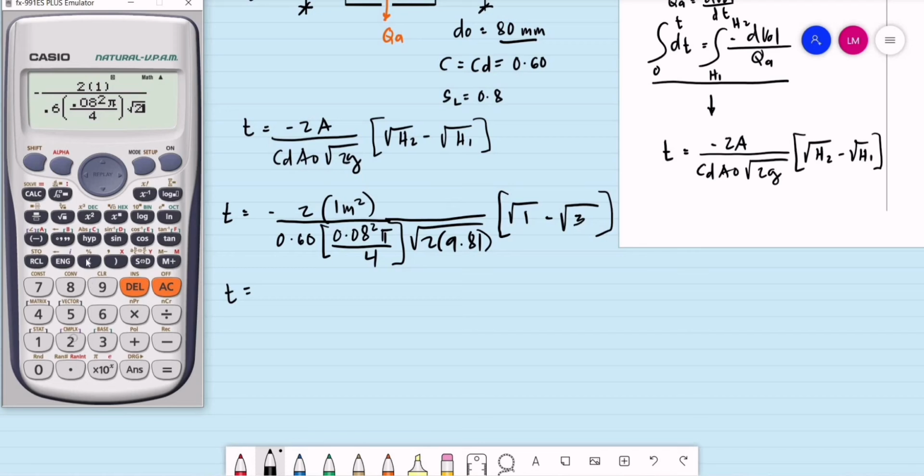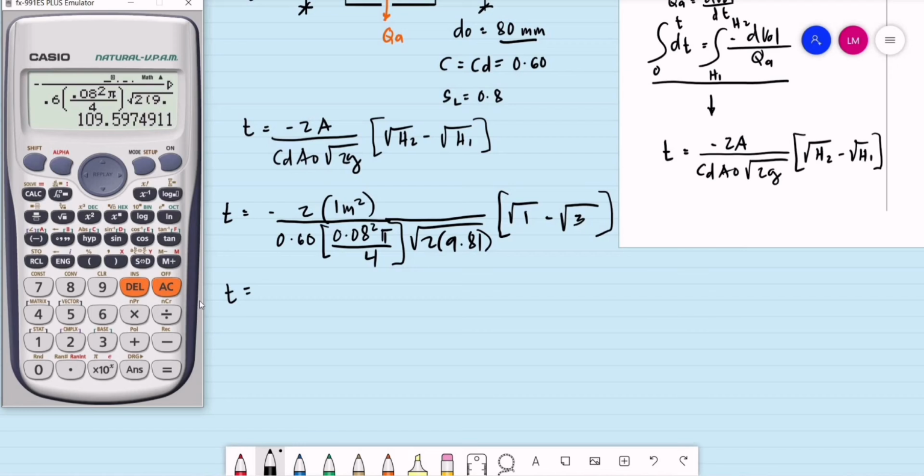And this is the square root of 2 times 9.81, then multiplied by the square root of the final head, which is 1, minus the square root of the initial head, 3. So, take note, pag sinabing head, yun yung height ng liquid above the orifice.